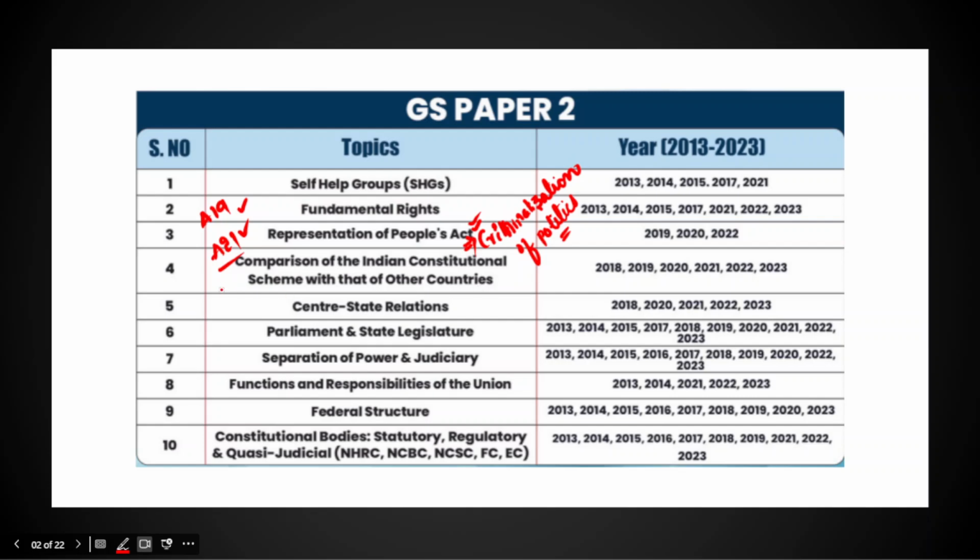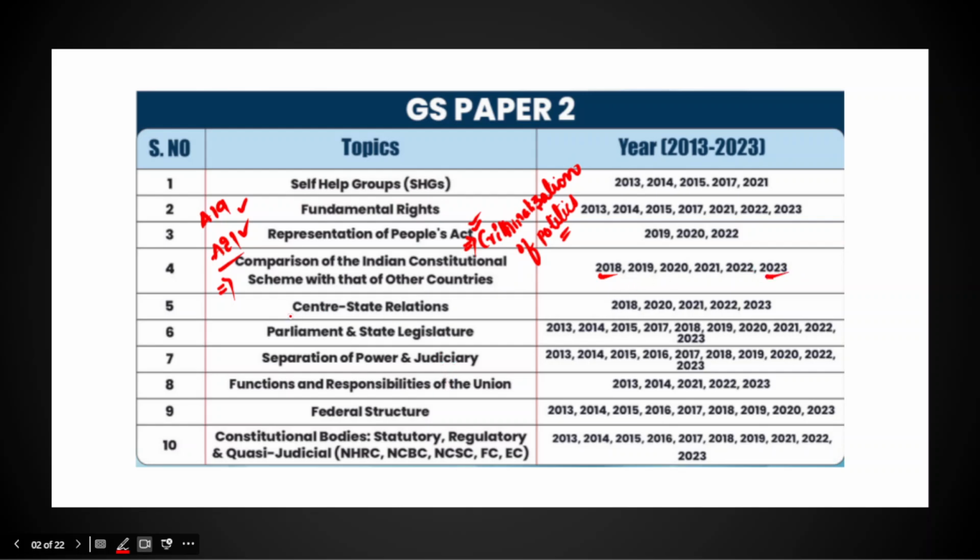And you should not forget that comparison of the Indian constitutional scheme with that of other countries is a very important topic, because if you look at the UPSC previous year questions of general studies paper 2, a question from this topic has been asked every year from 2018 up to 2023.